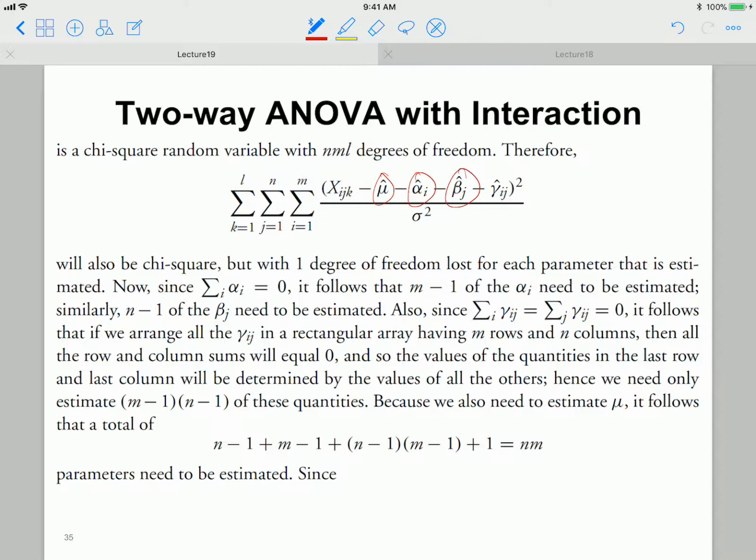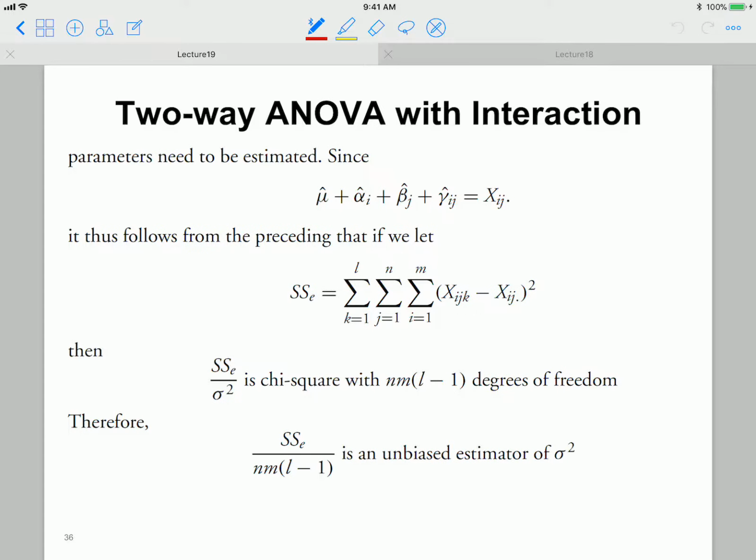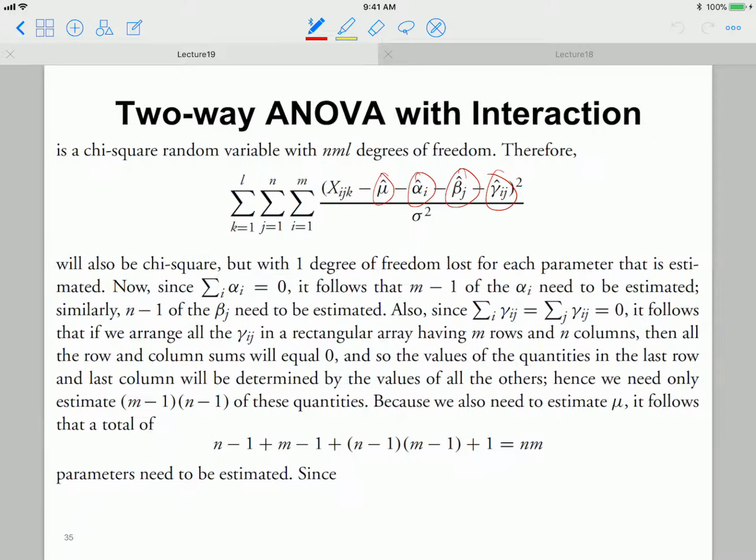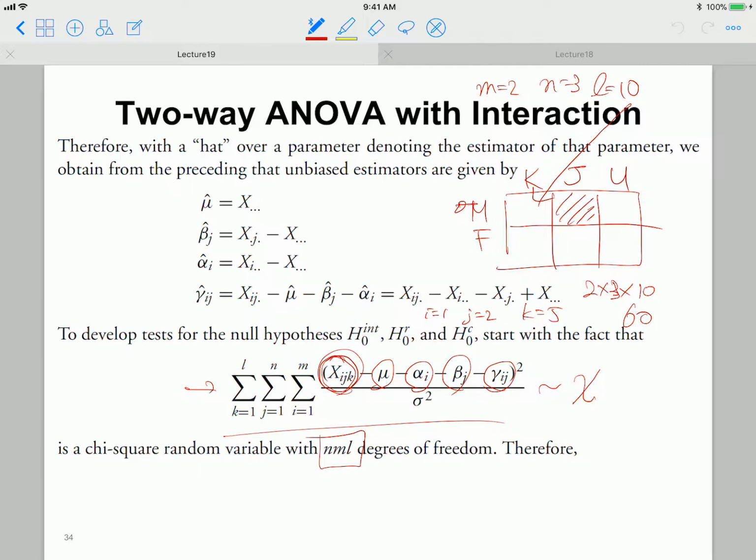So we just replace them by using our estimators. And how do you obtain these estimators? Okay, it is shown here. Mu hat, the estimator for mu, is simply the global mean, which means we just take the average of all these 60 observations. And then what about beta hat and alpha hat?